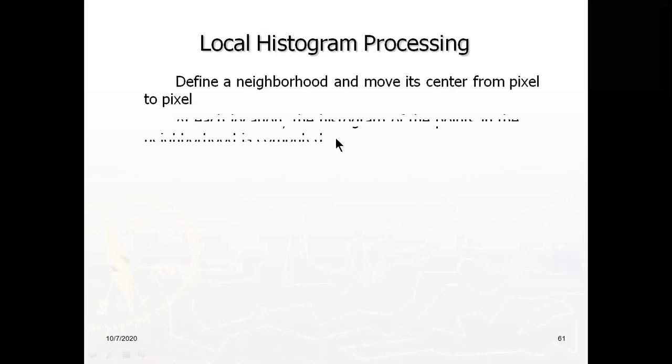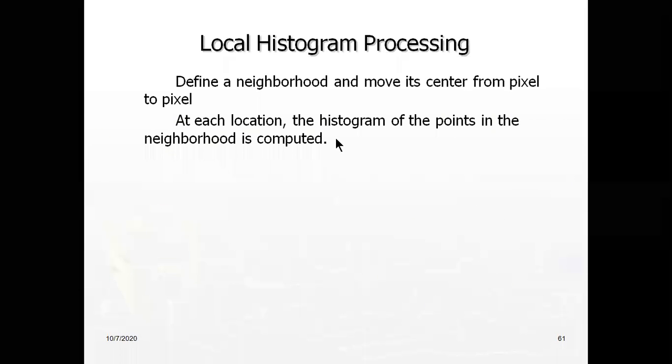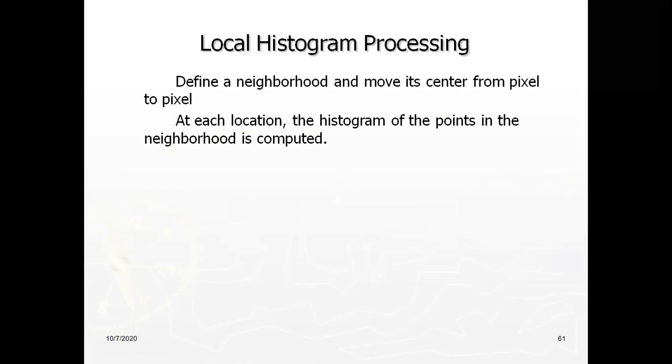Okay. So local histogram processing is the one wherein we define a neighborhood and move its center from pixel to pixel. Maybe we will define what is known as the 8 neighborhood, or what is known as the 24 neighborhood, that is 5 by 5.